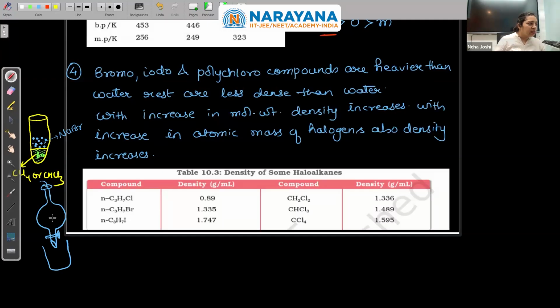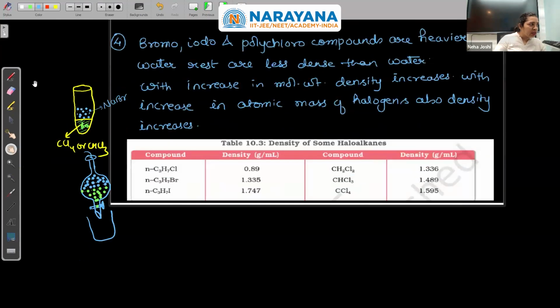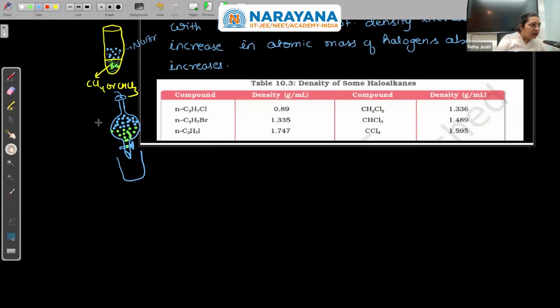So if we are asked that they are taken and then kept in a separating funnel, which will be separated, or which will come first? So see, this blue layer I am making, I hope this is absolutely clear to you, will be the aqueous layer, and this green layer I made is the organic layer.